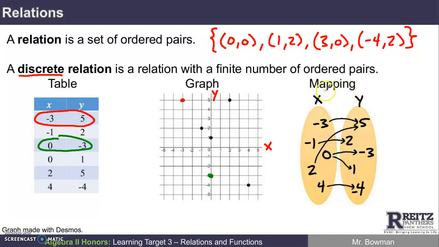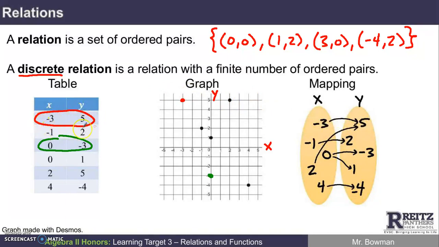And then the third way is called a mapping. So in a mapping, the sets of x and y values are shown in these little sets here, almost like ovals. And what's important is that the ordered pairs are shown by the arrows that connect the x values to the y values.